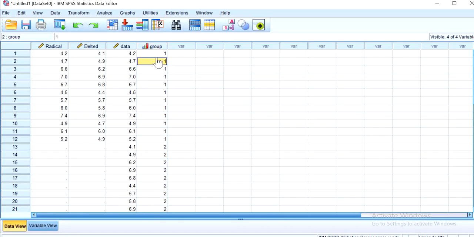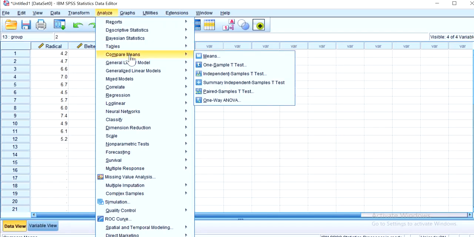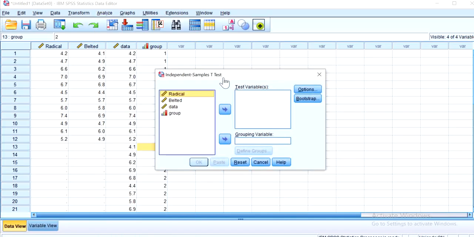1 is for sample 1 and 2 is for sample 2. Now we are going to perform testing of hypothesis. We are going to analyze, compare means, independent samples t-test. The test variable is the data file because it has both samples in it.